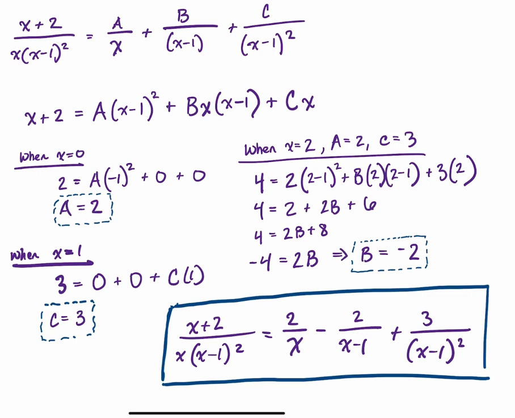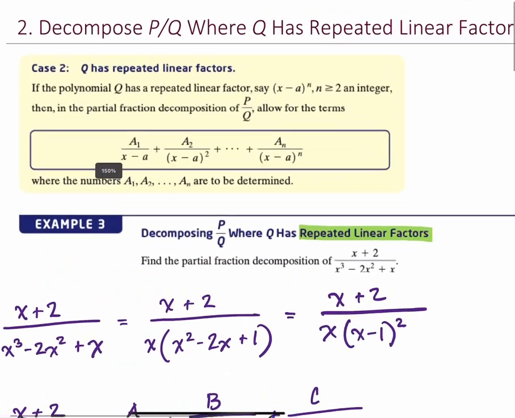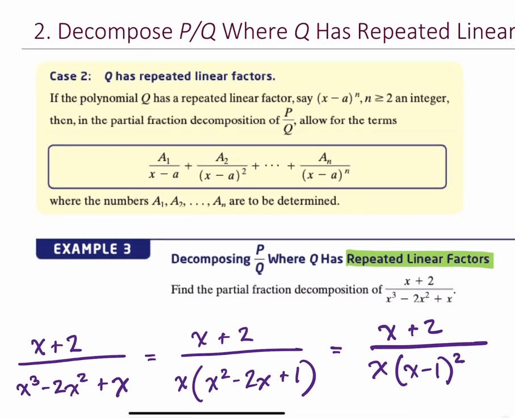So whenever you have a repeated factor, and specifically we have a repeated linear factor, repeated again just means that we have a factor to some power greater than 1. Let's take a look at their general statement. They're saying we have some linear factor x minus a to some power n, where n is greater than or equal to 2.